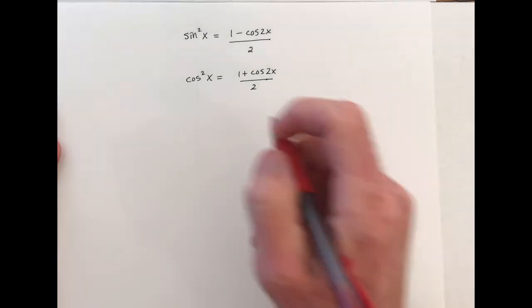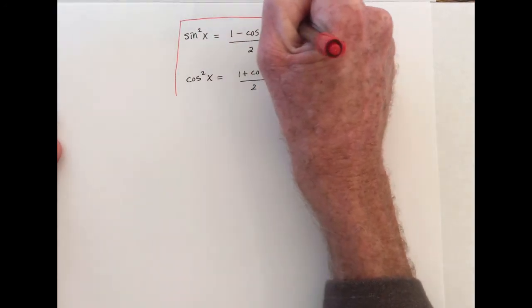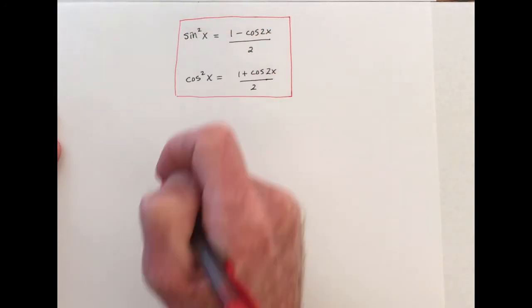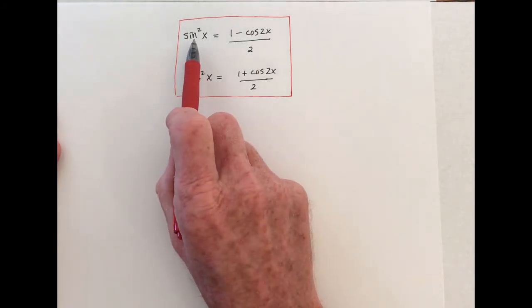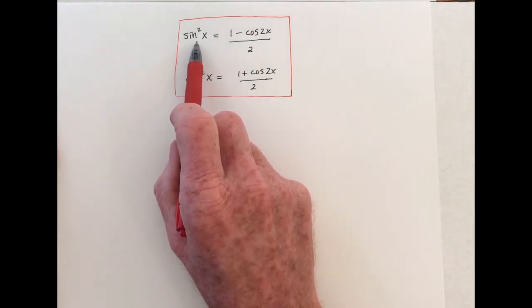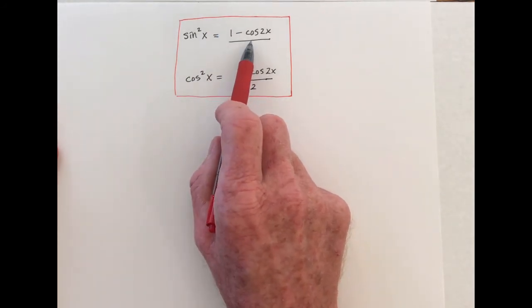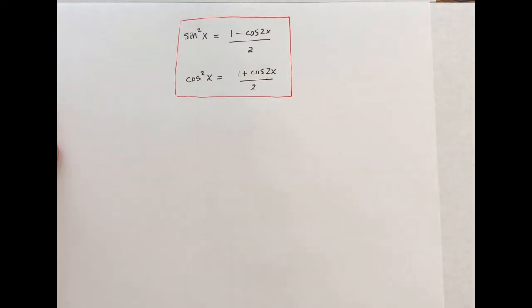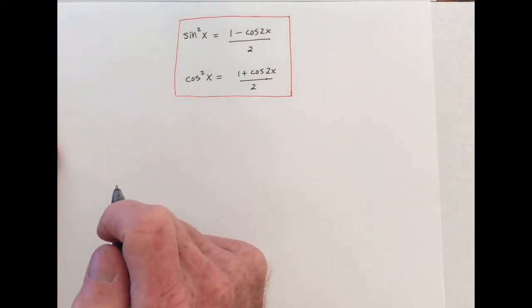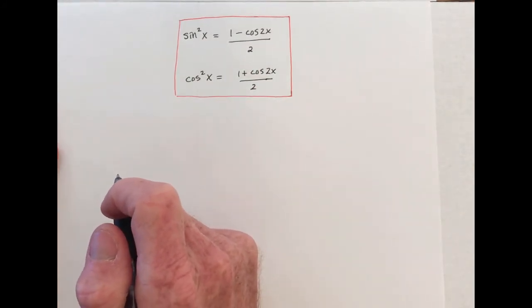And yes, these are so important that you should add them to the 3x5 card, because there's going to be times in calculus when it says integrate sine squared, and you're like, I don't know how to do that. And then the teacher's going to say, you remember that formula? That's what you need. And then just pick one of those and verify that.